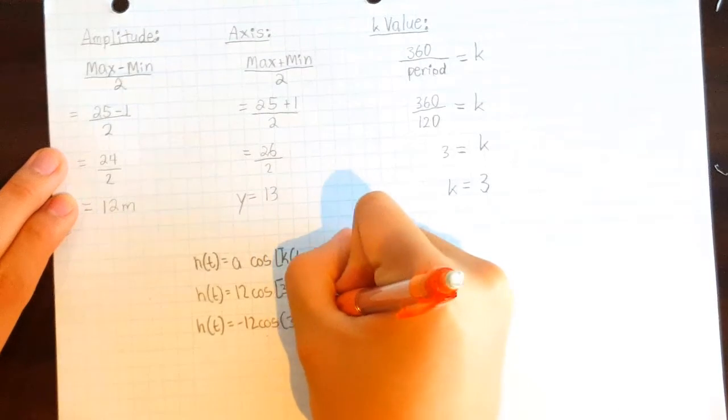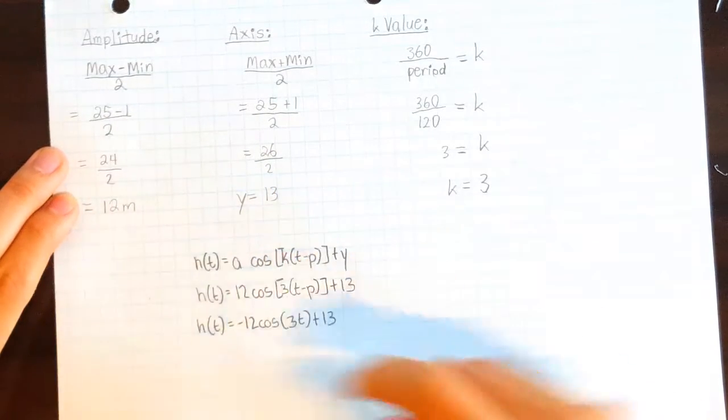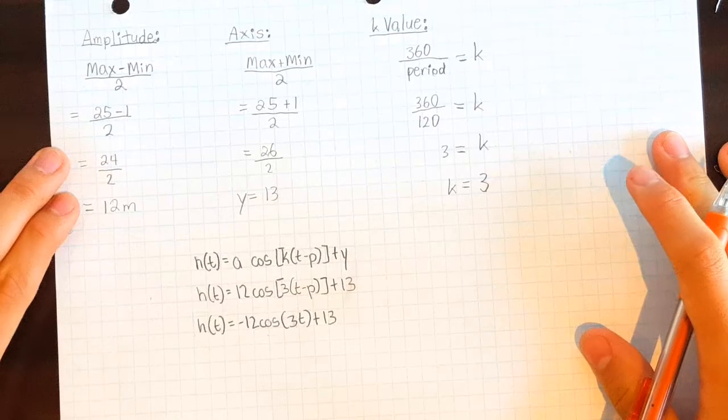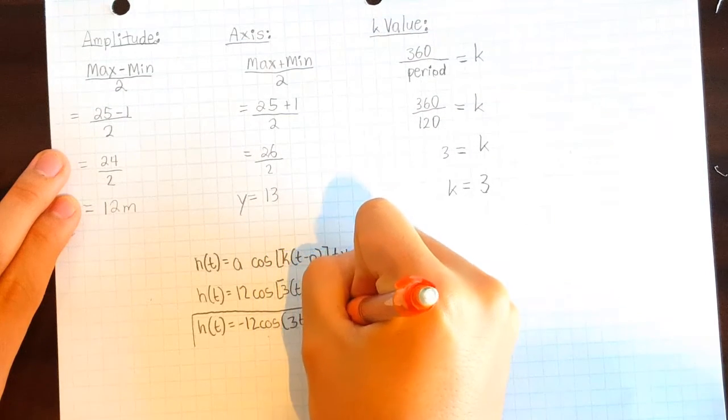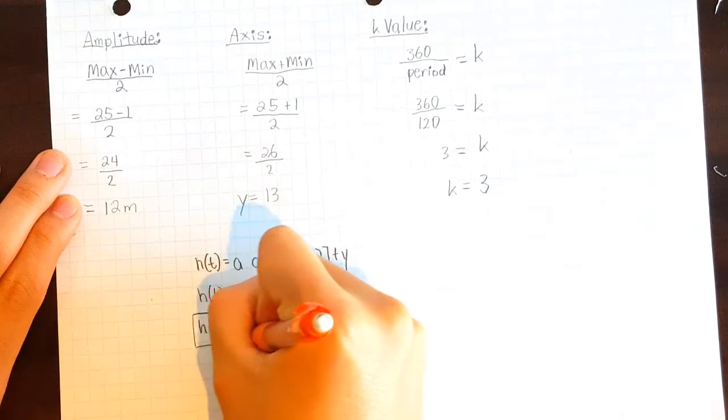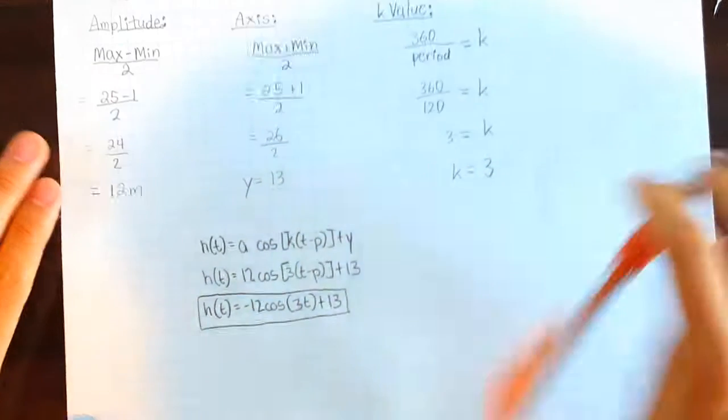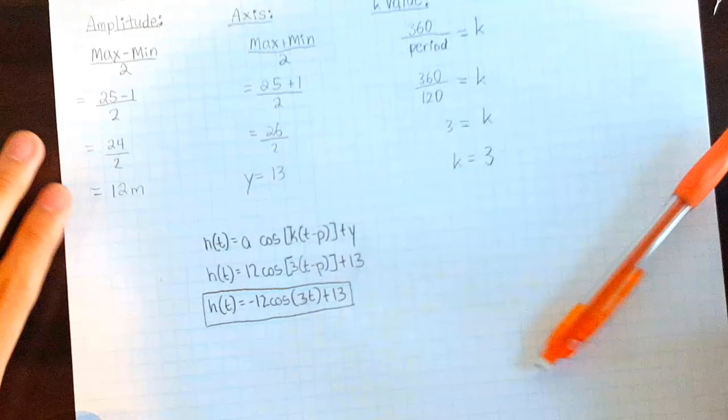So our final equation would be negative 12 cos bracket 3t plus 13, where negative 12 is the amplitude and the negative is the reflection. 3 is the k value, which is 360 degrees divided by the period, and the 13 is the vertical shift and also the axis.